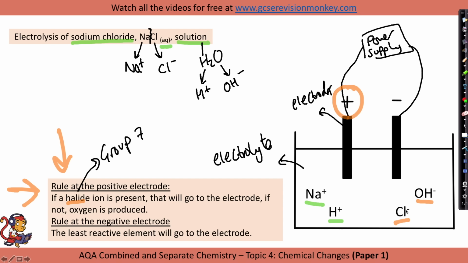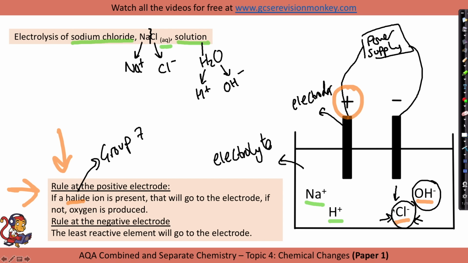So we look at the 2 negative ions, they are chloride and hydroxide, and we ask the question, is there a halide ion present? Now, yes, there is. The chlorine, or in this case the chloride ion, is a halide ion. Chlorine is in group 7, so its ions are also called halide ions.